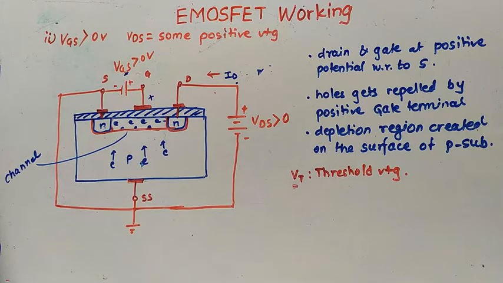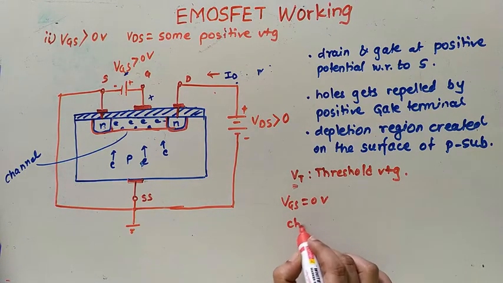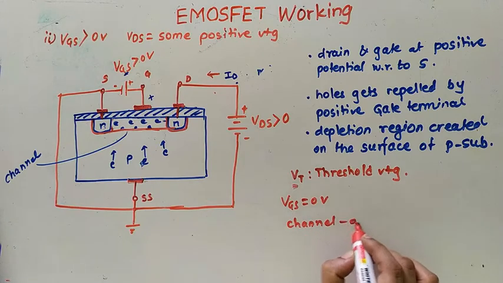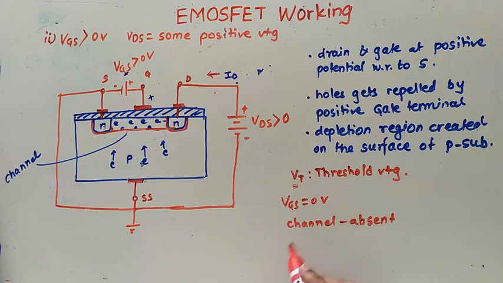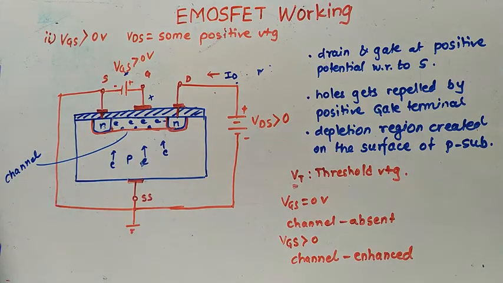So here what happens: previously when VGS was 0 volt, the channel was absent, but when we have provided VGS some positive voltage, the channel is enhanced, meaning the channel gets established between these two n-doped regions. And that's why this type of E-MOSFET is called an enhancement type of MOSFET.